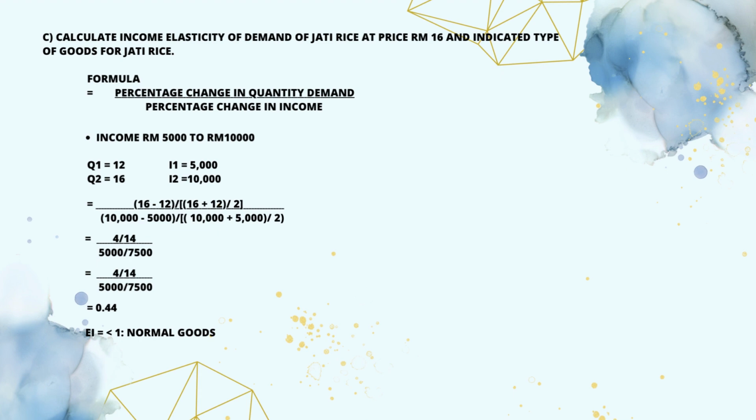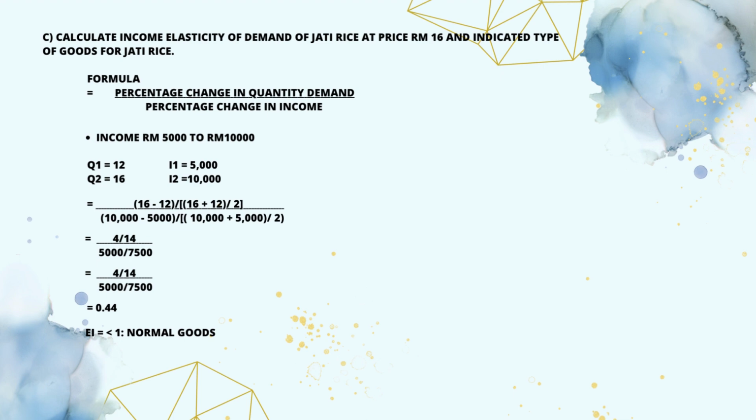In brackets, 16 minus 12, divided by, in brackets, 16 plus 12 over 2, divided by, in brackets, RM10,000 minus RM5,000, divided by, in brackets, RM10,000 plus RM5,000 over 2.